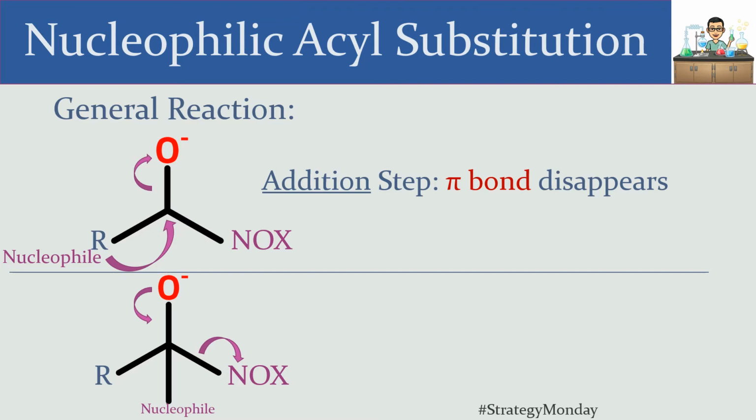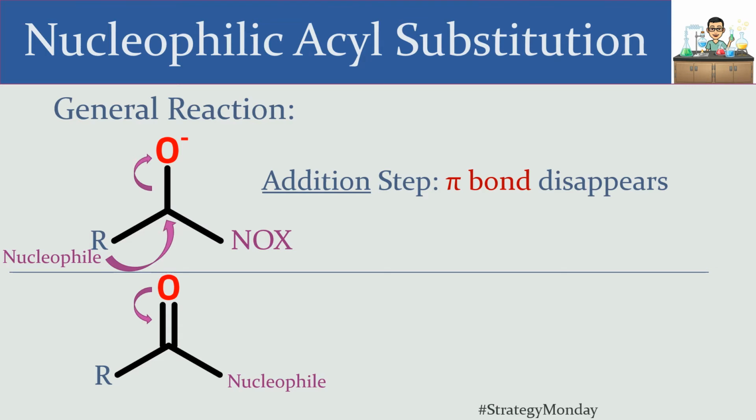That's the reason these molecules are so special: they have a functional group attached to the carbonyl carbon that can function as a leaving group. When that NOx leaves, the pi bond reappears, the NOx group leaves off on its own, and what's attached now is our nucleophile.